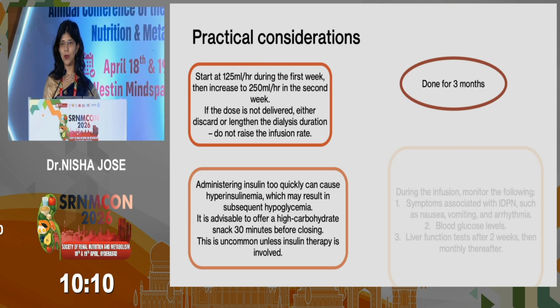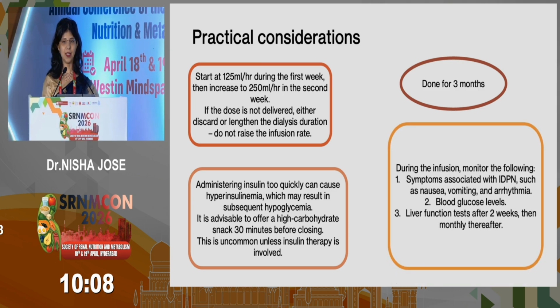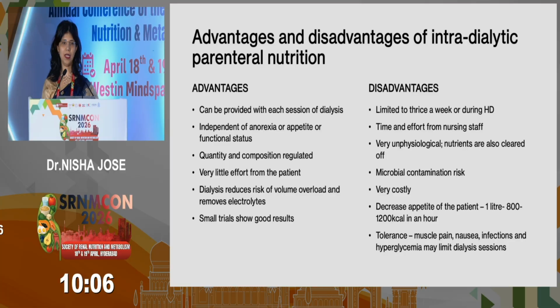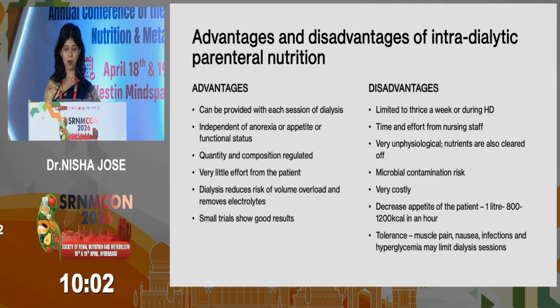So, after you have this sort of a meal during dialysis, a lot of the time patients will not be hungry. So, sometimes it may curb their appetite a bit. Also, it is quite costly, there is a risk of contamination, and because it is a very high calorie content at one shot, it is very unphysiological. So, sometimes what we find is that there may be some reactive hypoglycemia that happens towards the end of the session.